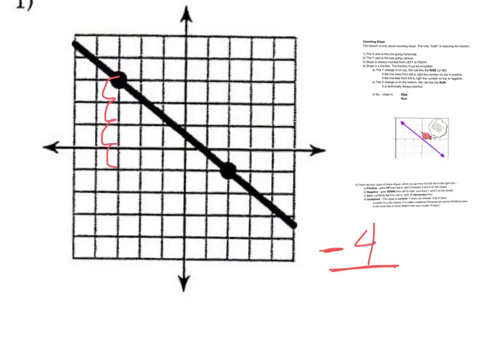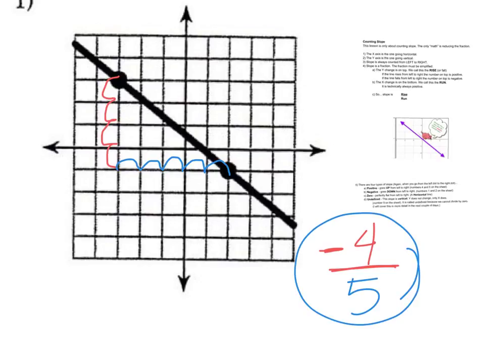Now, how far does it run? I go from this point and keep going: 1, 2, 3, 4, 5. So my slope becomes negative 4/5. Again, I went down 4, that's our negative 4, and over to the right 5. That's number 1 on your worksheet.